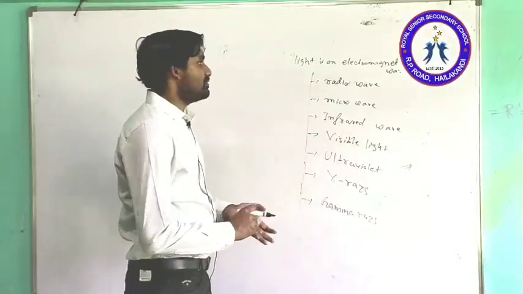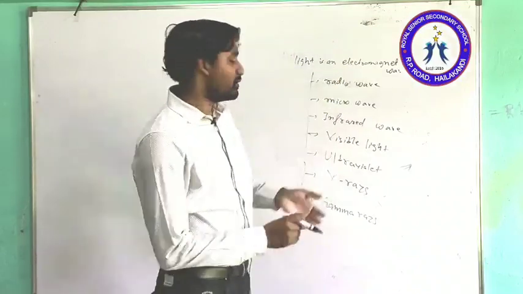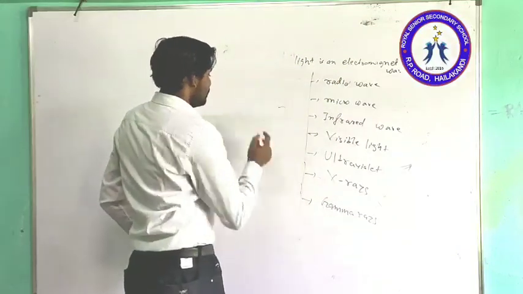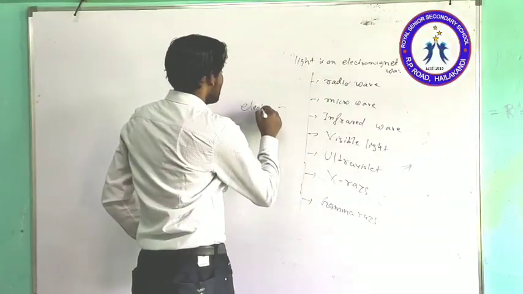So these are the different classifications of electromagnetic wave, or we also say that this is the electromagnetic spectrum.